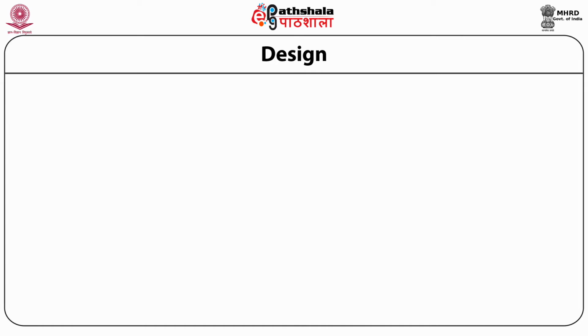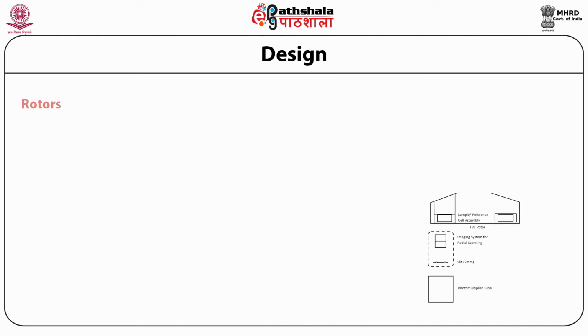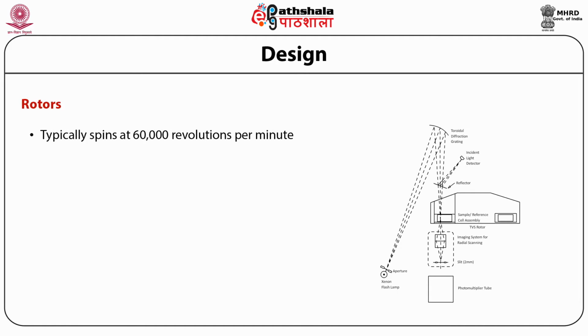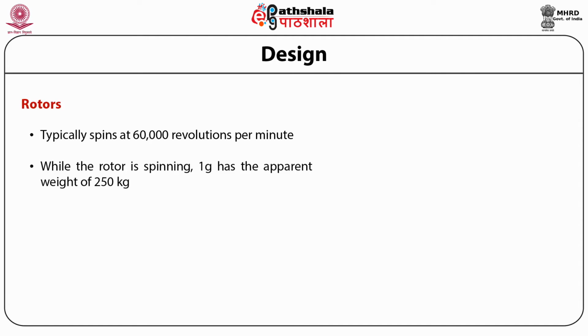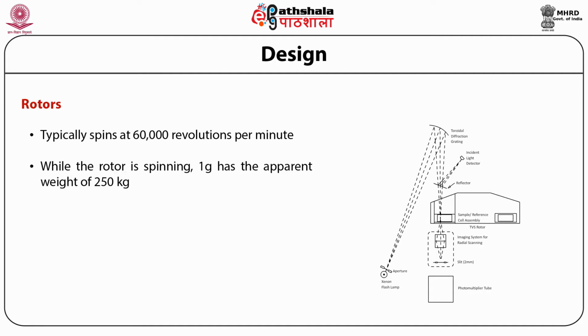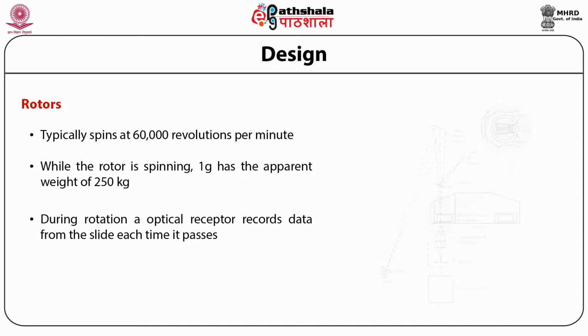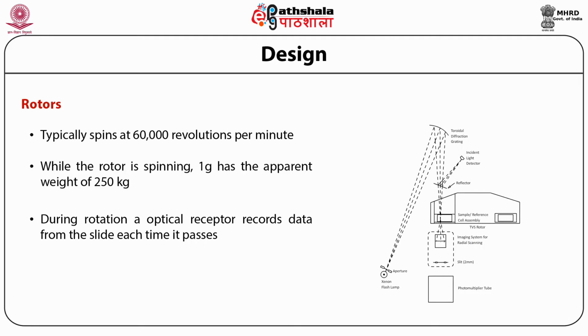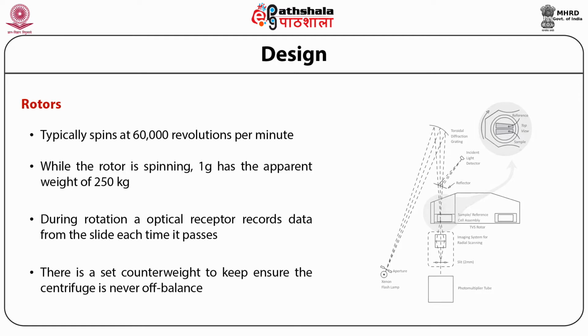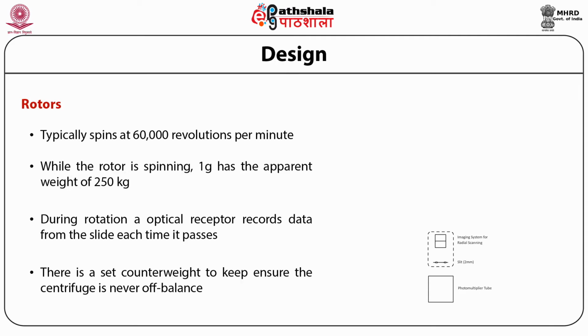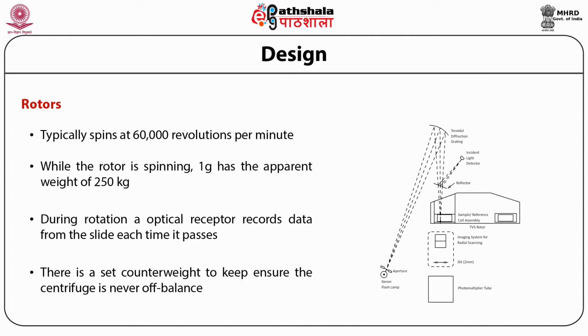So the major components are the rotor, which typically spins at 60,000 revolutions per minute. While the rotor is spinning, 1 gram has an apparent weight of 250 kg. And during the rotation, an optical receptor records data from the slide each time it passes. And there is a set of counterweights to ensure the centrifuge is never off balance.